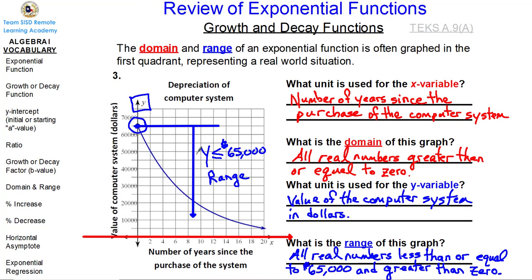What we need to write is this, the part here on the left. The way we would say this is that the range is all y values less than or equal to 65,000 but greater than 0. All real numbers less than or equal to 65,000, and the y values still have to be greater than 0. Never equal to 0, greater than 0.